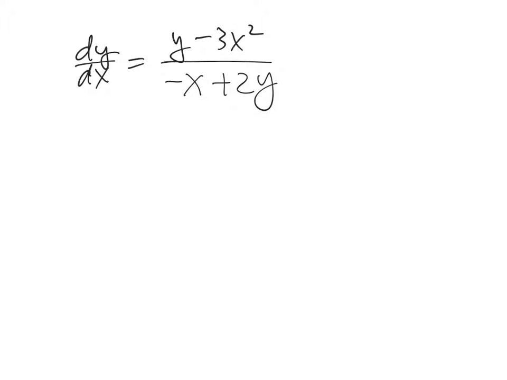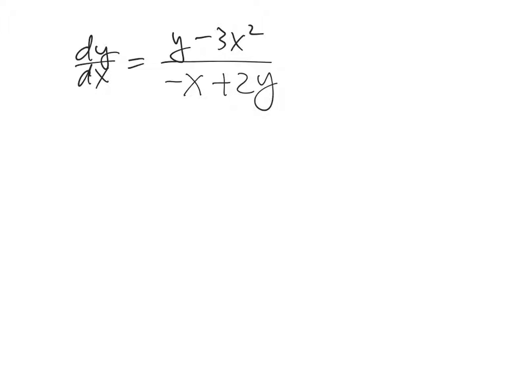So our dy by dx will equal what? y minus 3x squared divided by, what was that, -x plus 2y. Or, if you want to rearrange the order, 2y minus x on the bottom.